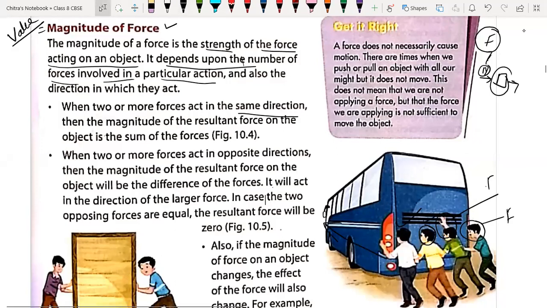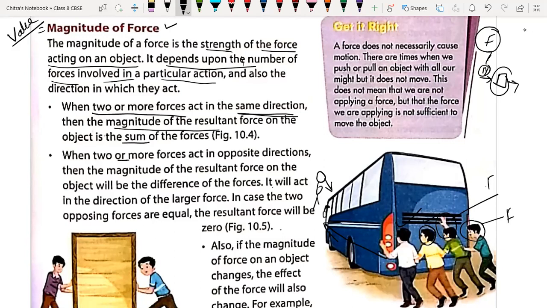But suppose any one person is applying force in the opposite direction, by which the magnitude of force will decrease. So when two or more forces act in the same direction, the magnitude of force increases, which means the forces add, they sum.